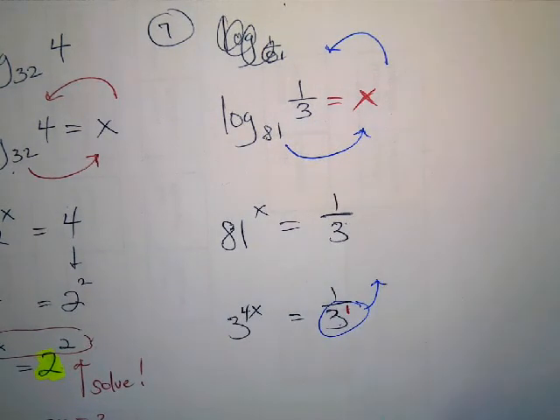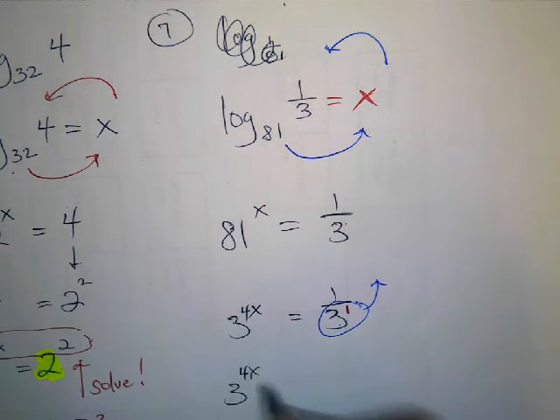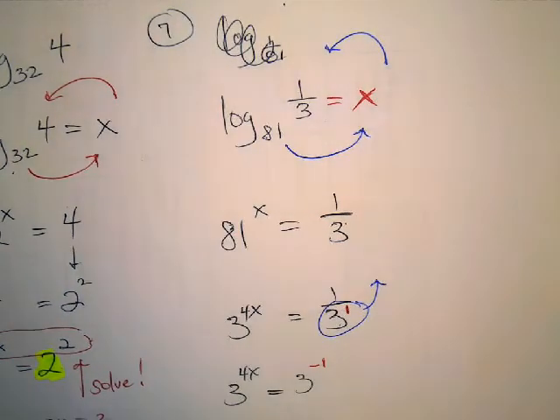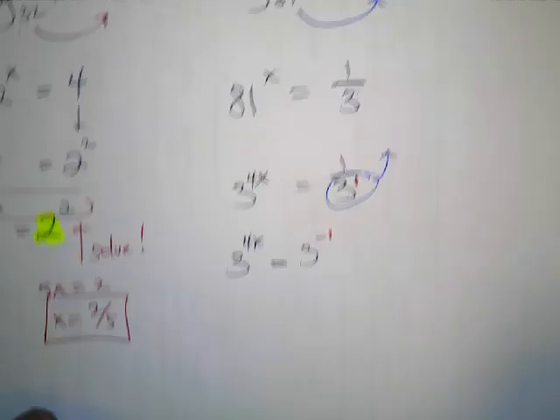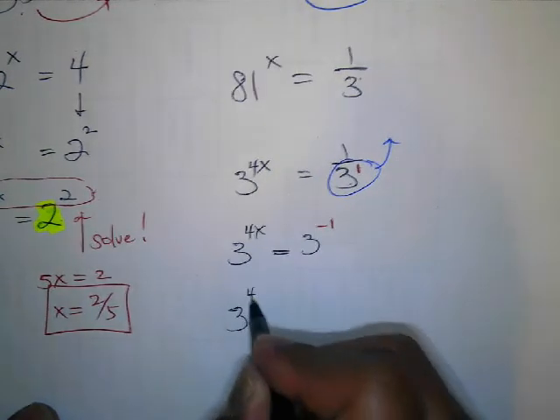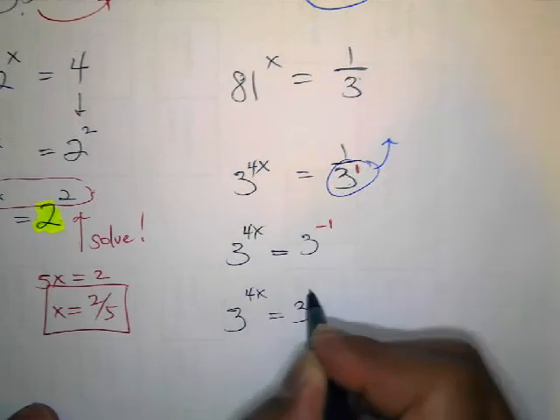And then what? Well, we don't want this 1 over 3, or 1, 3 to the 1. We move this up. It'll be 3 to the 4x equals 3, and that 1 is positive 1. You move it up as a negative 1 exponent.